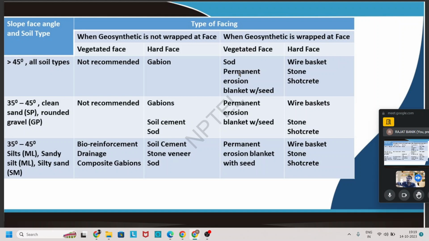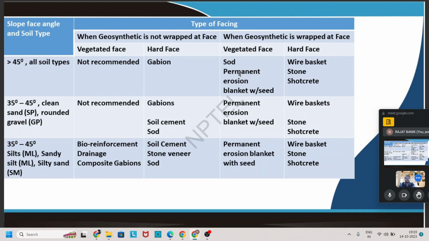First, when the slope angle is greater than 45 degrees, for all soil types, and the geosynthetic is not wrapped at the face, then we use a vegetated face or hard face. For vegetative face, nothing is recommended.